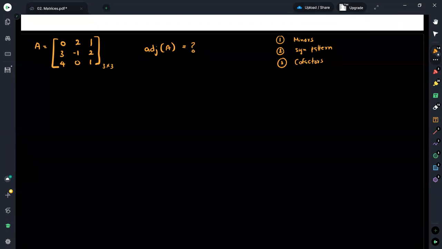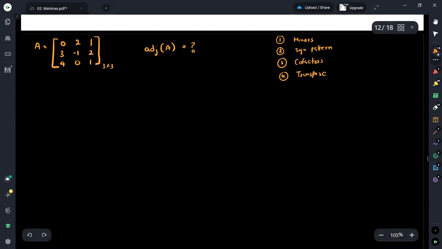Then we have to write down the cofactors inside a matrix, and then we have to take the transpose of that matrix to obtain the adjoint matrix for the given square matrix. Now we'll see how we can perform this calculation.